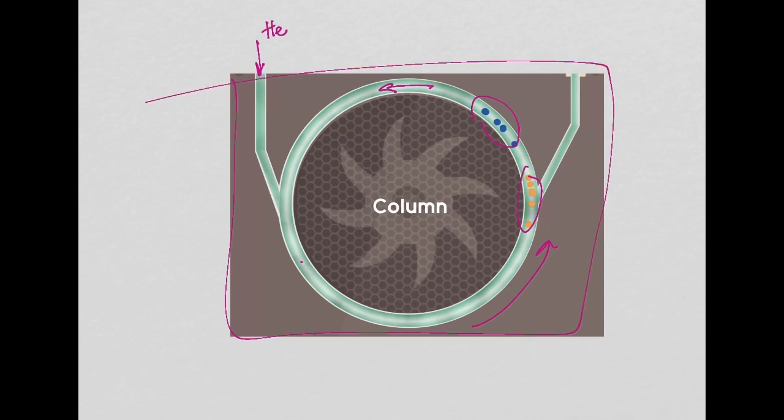As the components in the sample travel through the column, they separate according to their volatility and according to their solubility in both the mobile phase and the stationary phase.